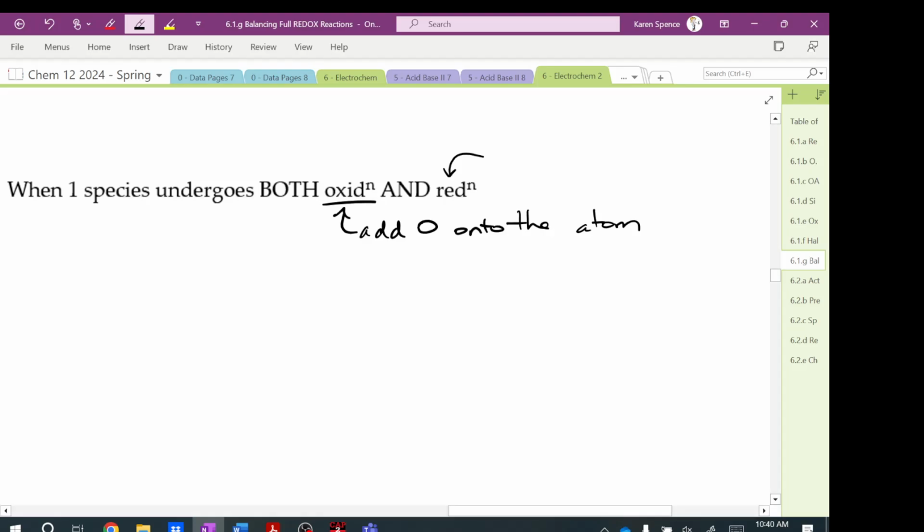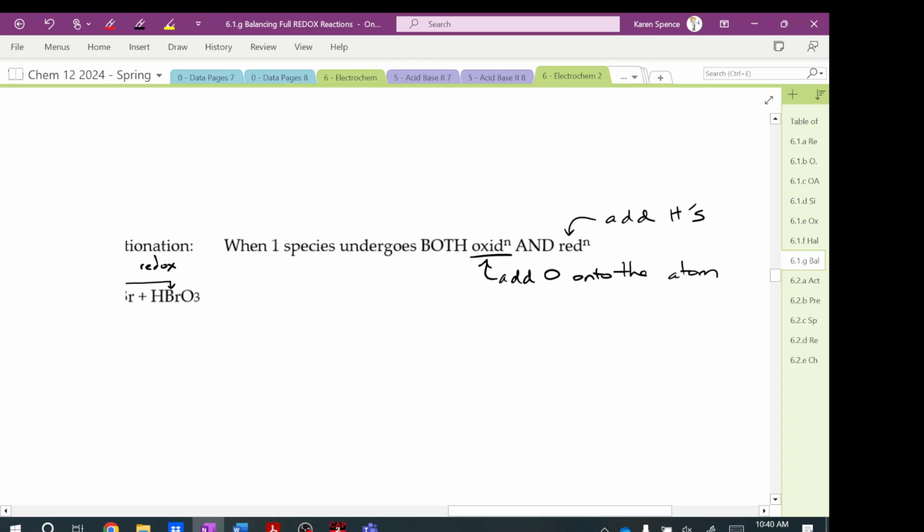I don't know if they still teach Krebs cycle. Well, anyway, we had to know whether things were being oxidized or reduced. Reduction, you add H's. This doesn't work every single time, but it's a nice, very quick way.